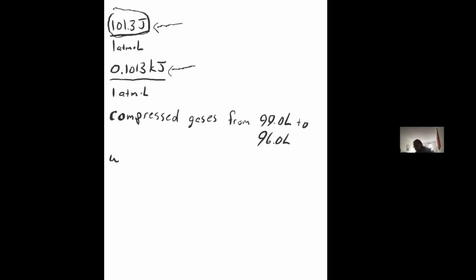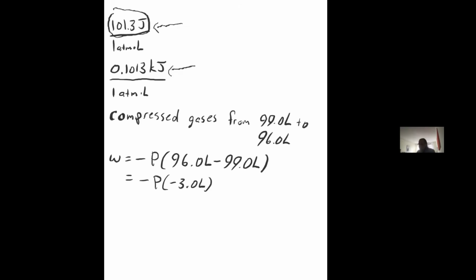Then if you think about it, the final is 96 and the initial would be 99. So look what happens mathematically. You get 2 negatives in here.